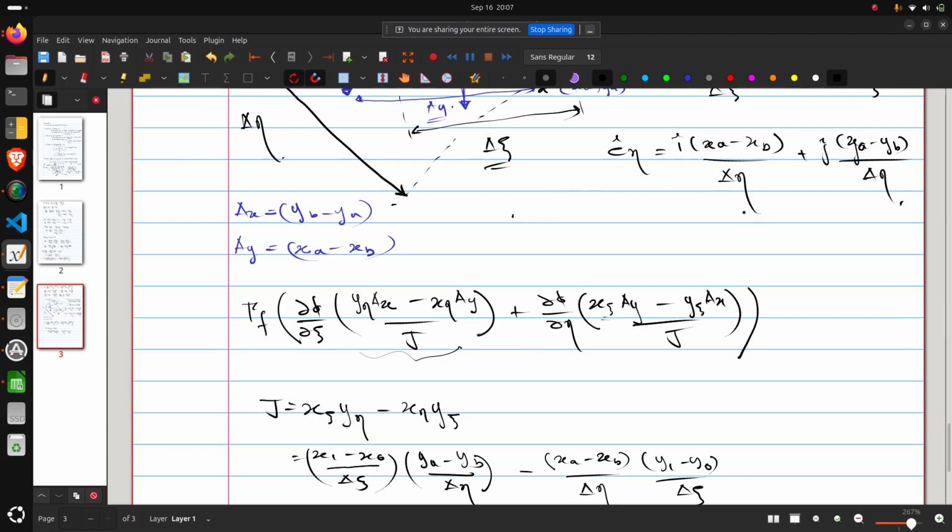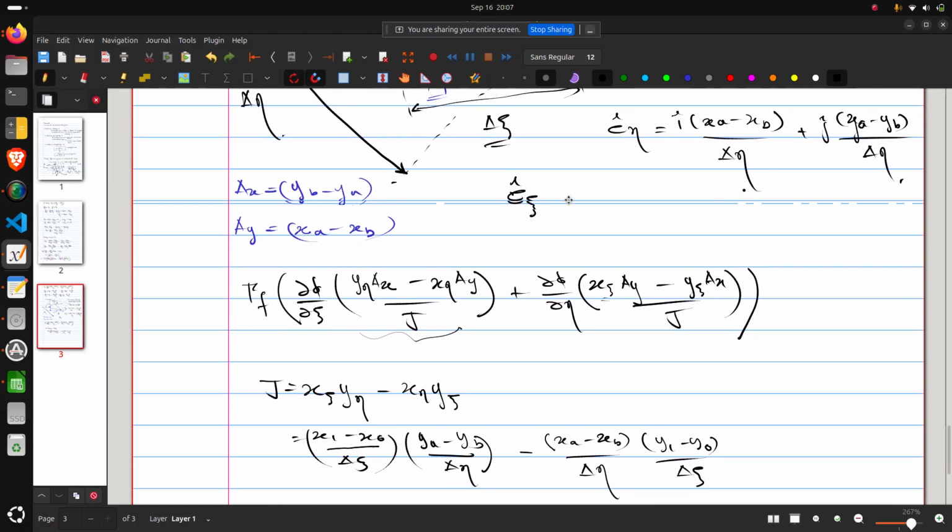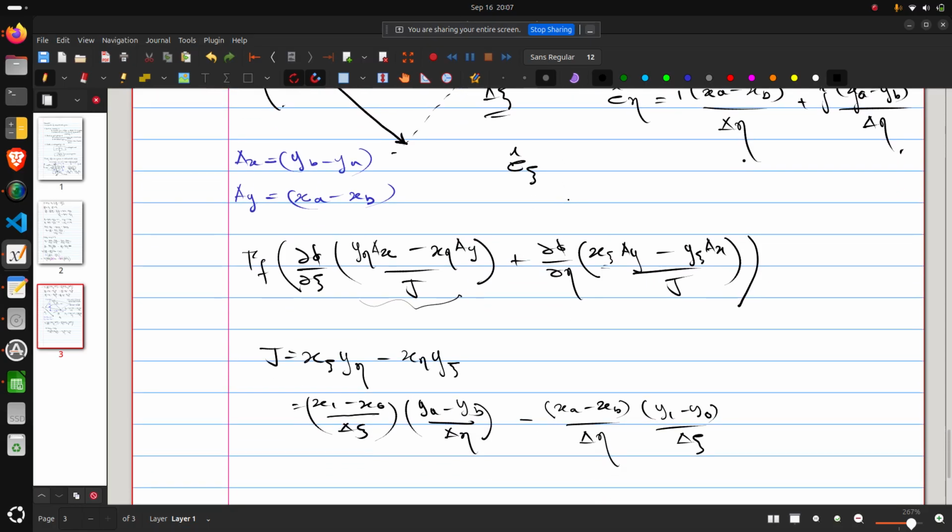For example, if you take the dot product of E cap psi times, okay, these are the areas, and we can write it as an area vector, ax i cap plus ay j cap, which is nothing but ya minus yb i cap plus xa minus xb j cap.